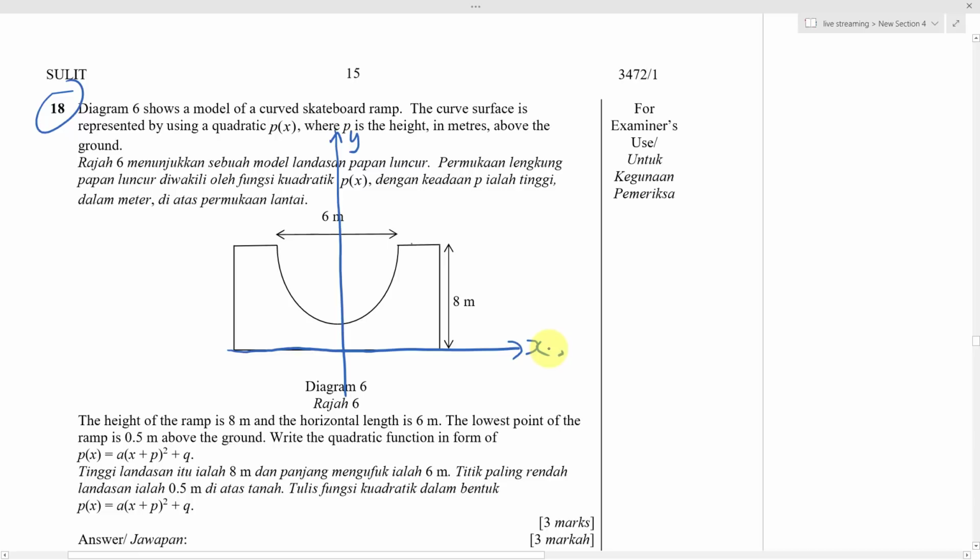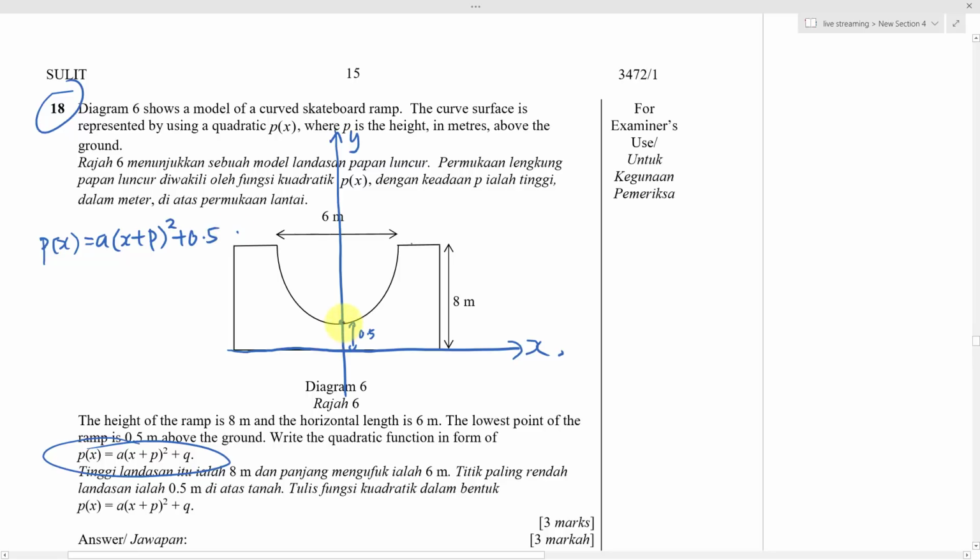The height of the ramp is 8 meters and the horizontal length is 6 meters. The lowest point of the ramp is 0.5 meters above the ground. So we know here is 0.5 meters above the ground. Then at least we can get the minimum point easily, because this is completing the square, right? Completing the square over here will tell me this one must be 0.5.